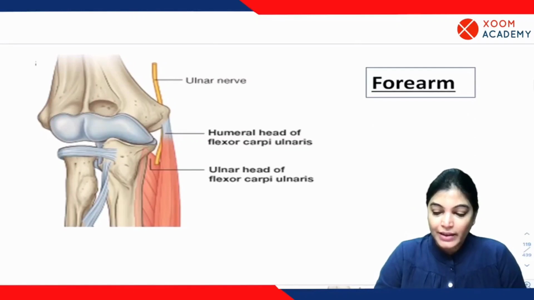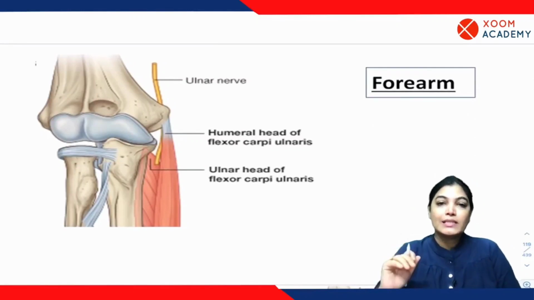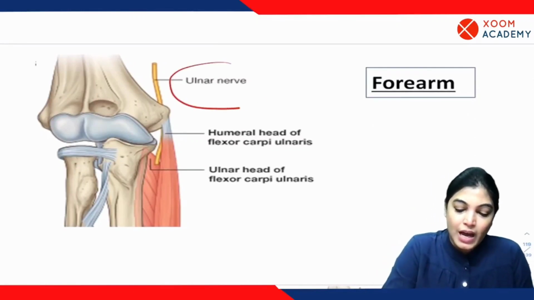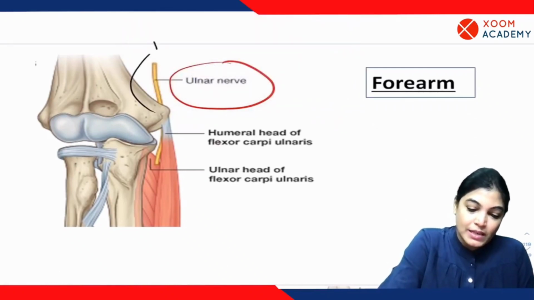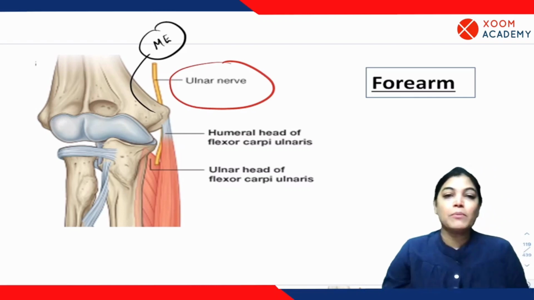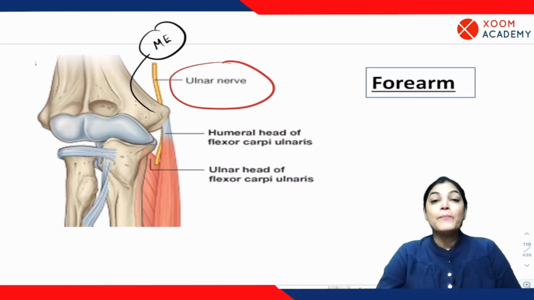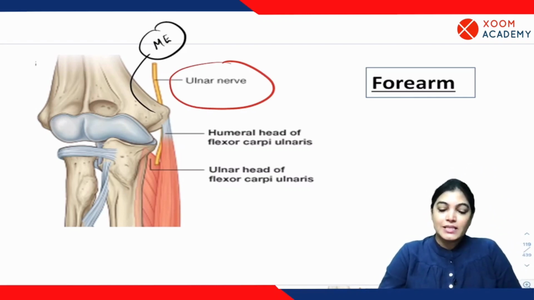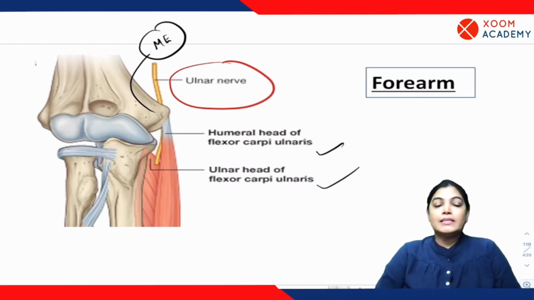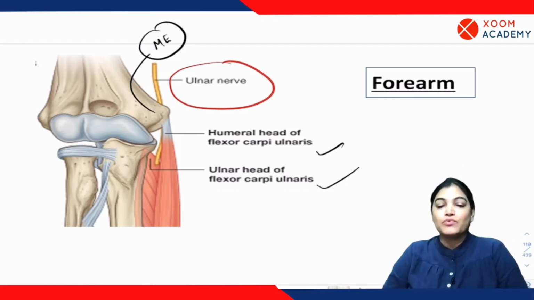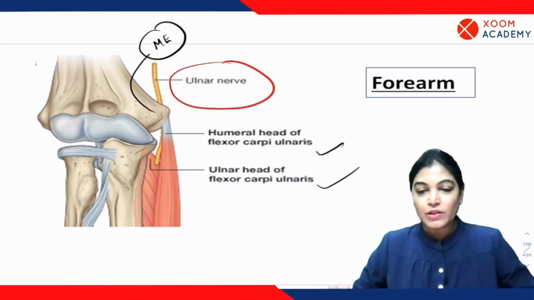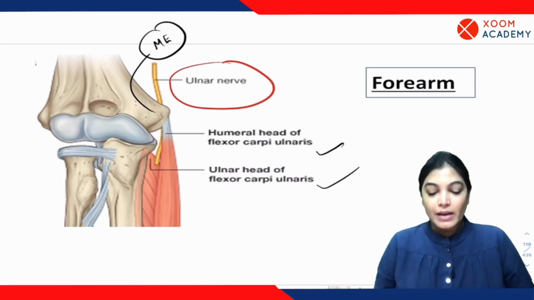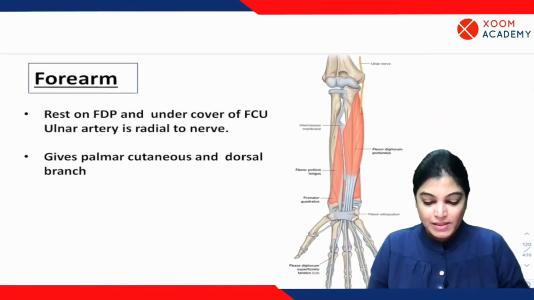The same thing I would like to show you. Here you can see this diagram where you can appreciate its course. What is this bony prominence? This is the medial epicondyle of the humerus, and the nerve is traversing behind it. Thereafter, you can see the exact course of the ulnar nerve: it is running exactly between the humeral and the ulnar head of flexor carpi ulnaris muscle.